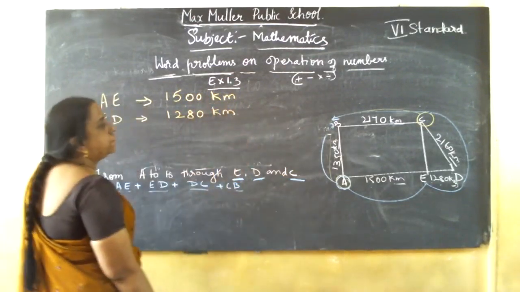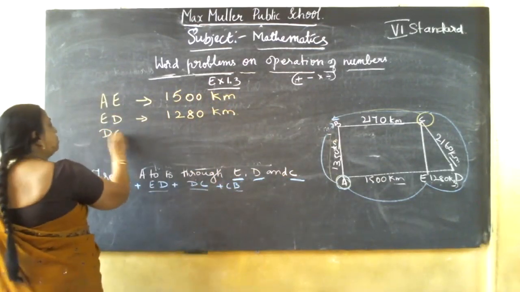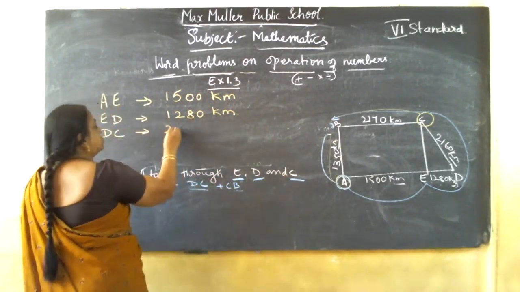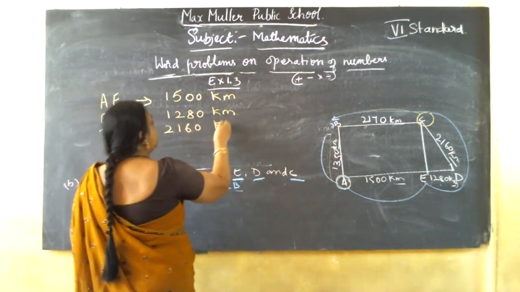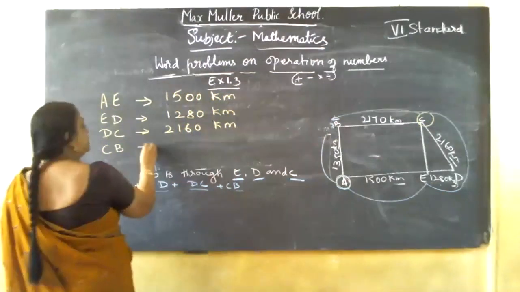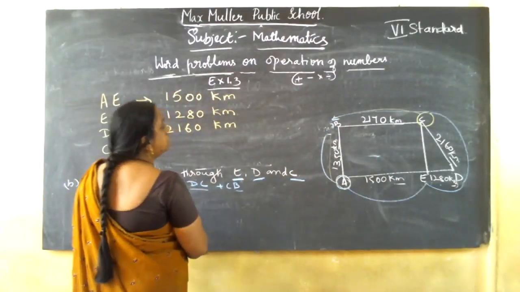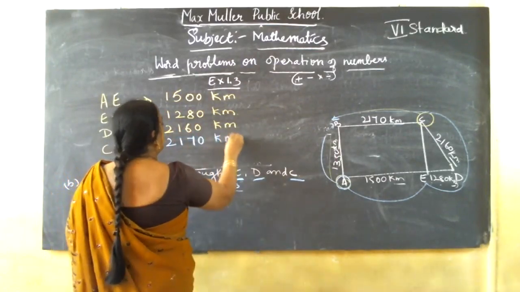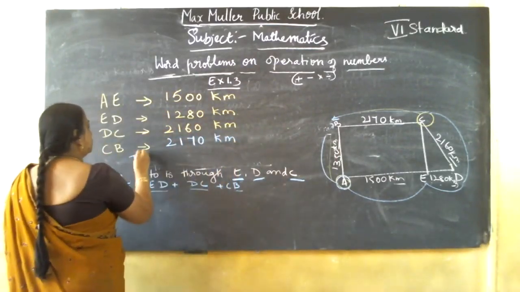Then after that D to C. D to C is 2160 kilometer. Then last C to B. C to B is 2170 kilometer. Now you should add all that.